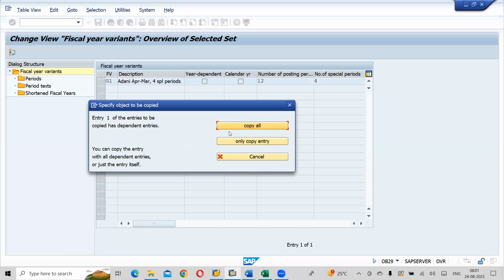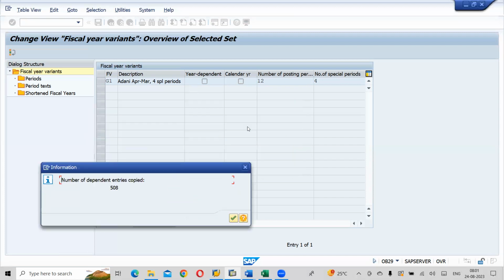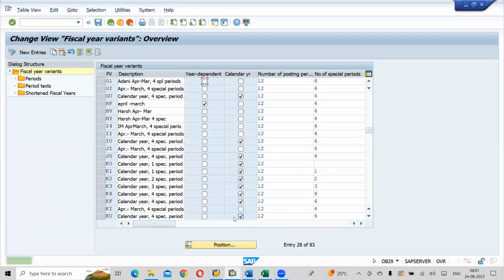Almost 500 plus attributes, 508 I believe, will be copied. So click on Copy All. See here, 508 attributes. If you want to create a fiscal year variant manually, you need to give 508 attributes. Click on OK. So this will be created as G1. Ours is G1.